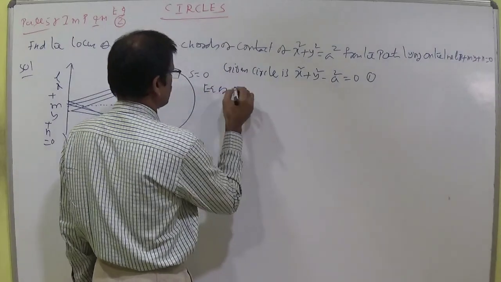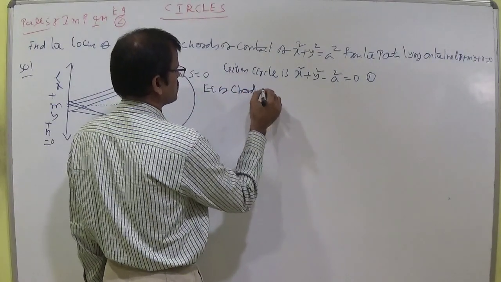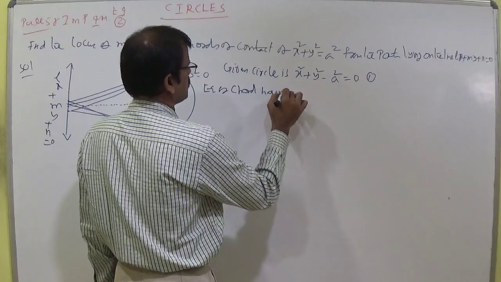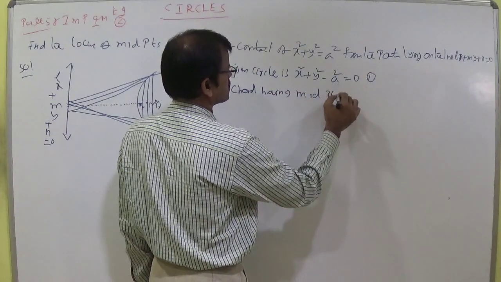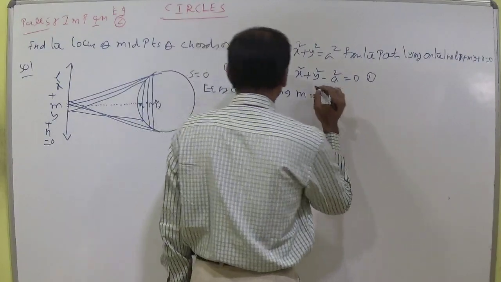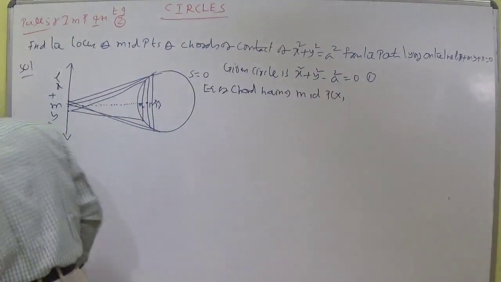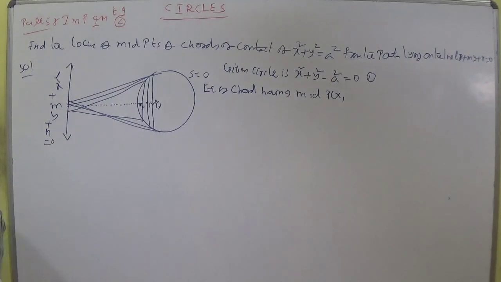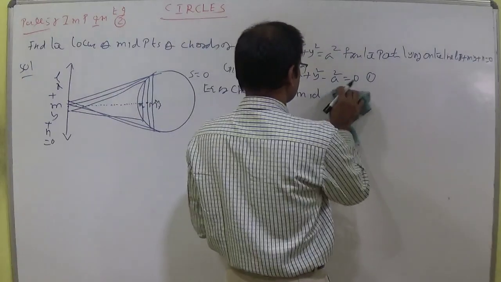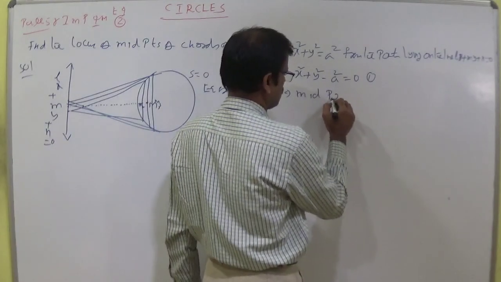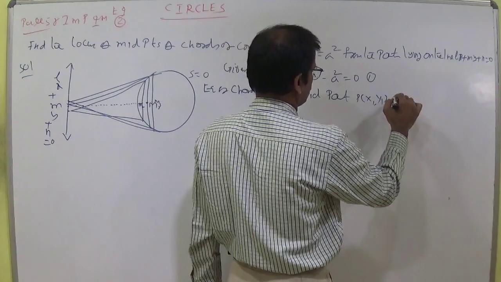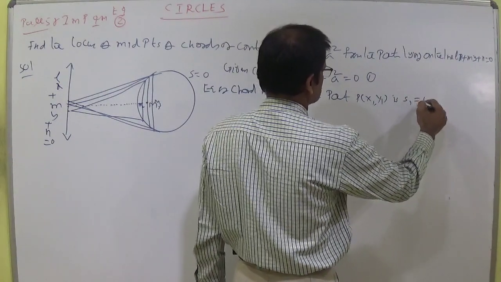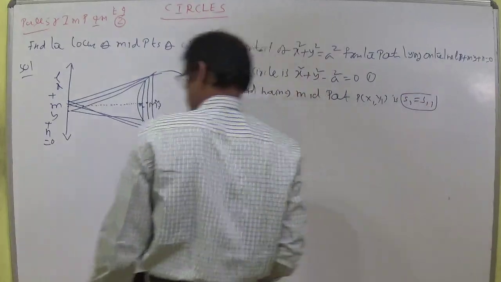Equation of the chord having midpoint P(x1, y1) is S1 equal to S11.